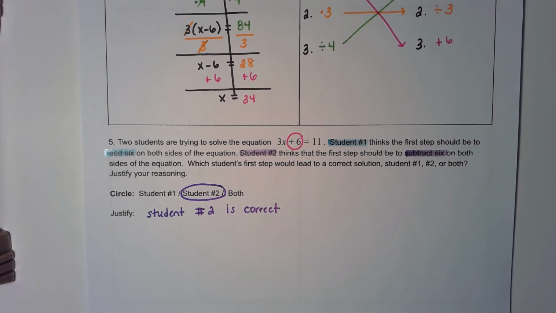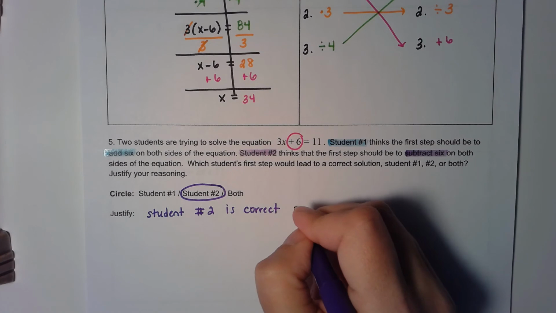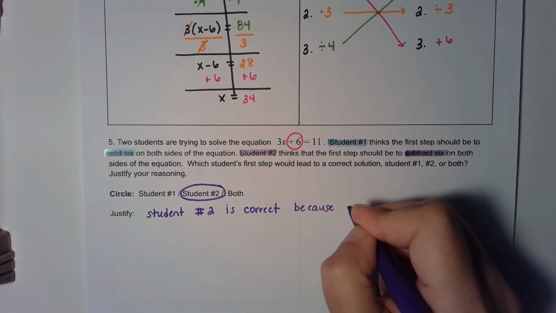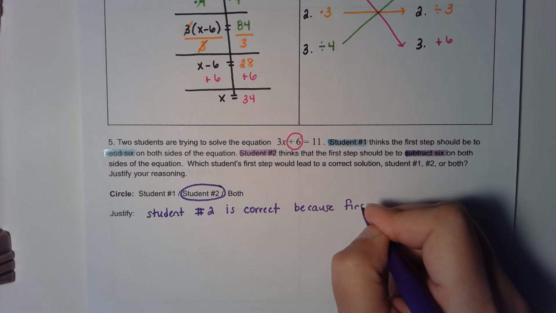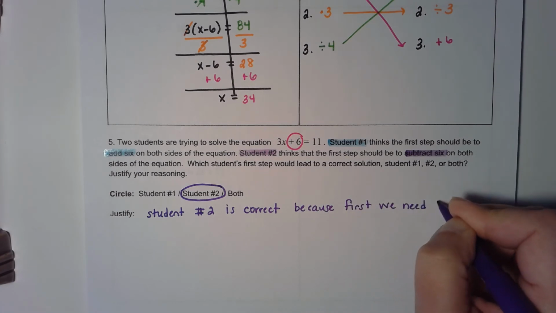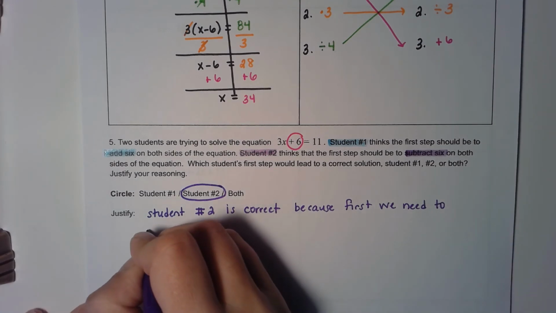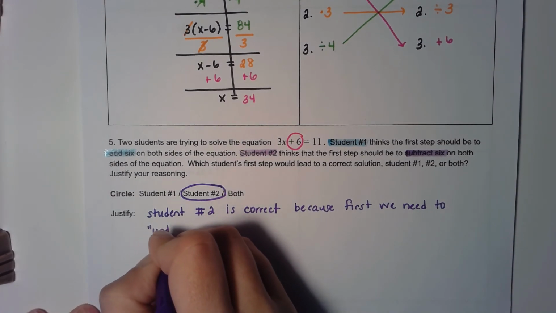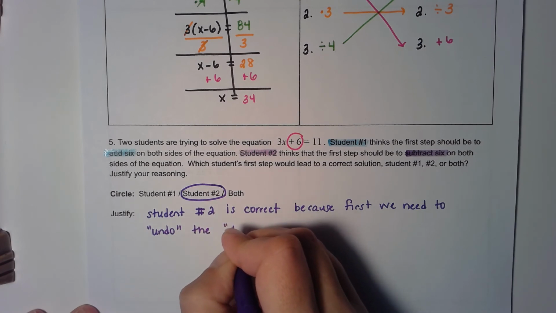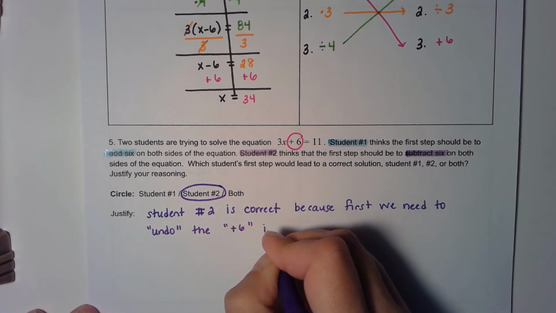And then I need to explain my reasoning. So to explain my reasoning, here's how I'm going to do that. I'm going to say because first we need to undo the plus 6 in the equation.